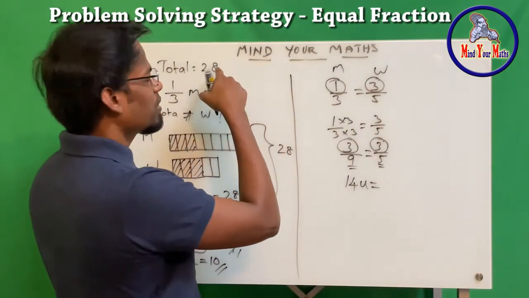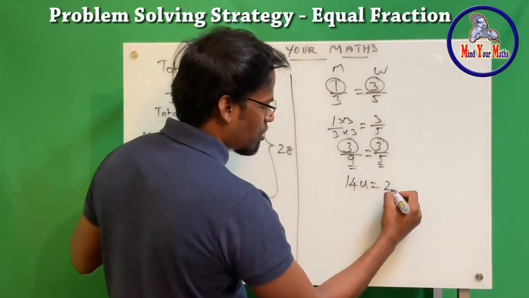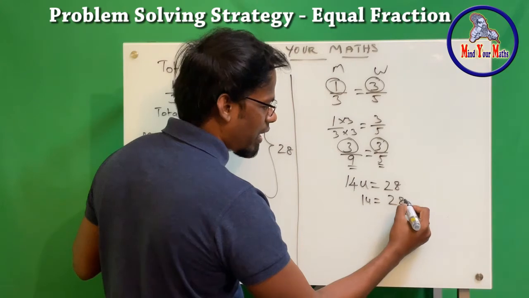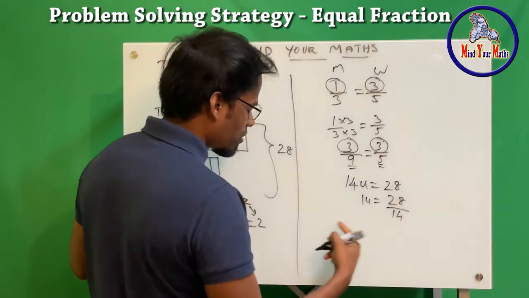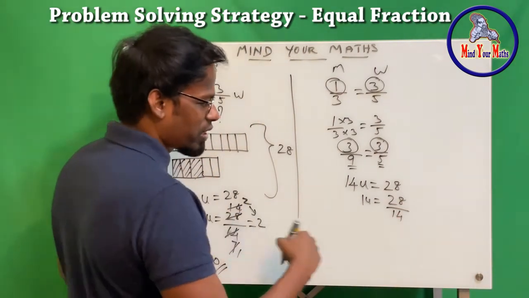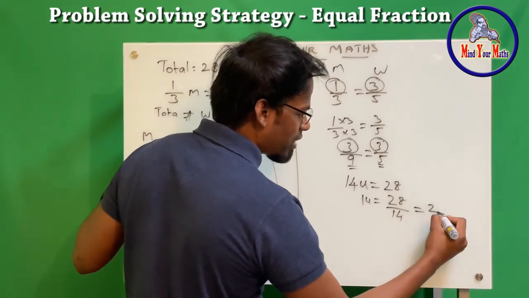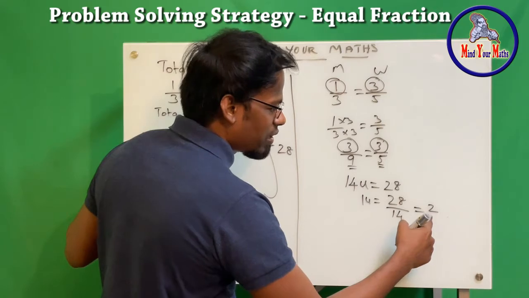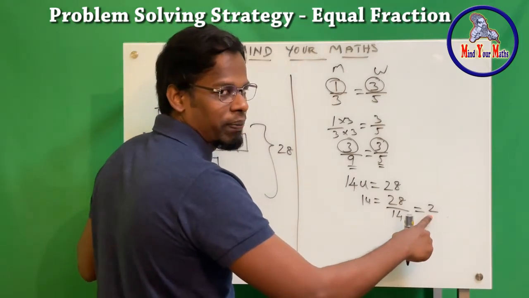As per the problem, 28. Now what is 1 unit? 28 divided by 14. You just need to simplify it and then you get the answer 2. So now 1 unit is equal to 2 people.